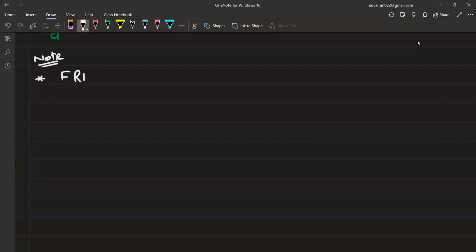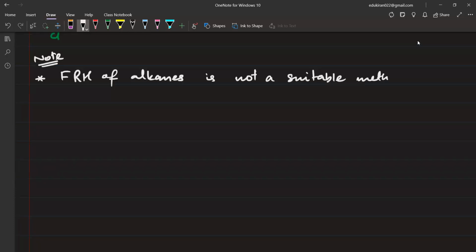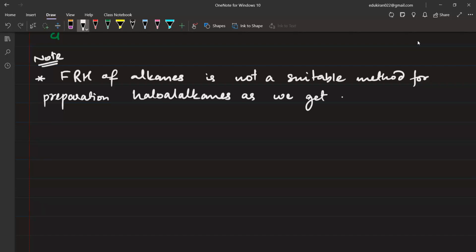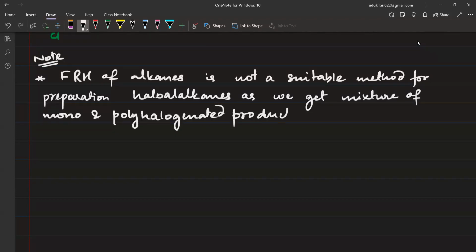Please write: free radical halogenation of alkenes is not a suitable method for preparation of haloalkenes, as we get a mixture of mono and polyhalogenated products, which is difficult to separate.